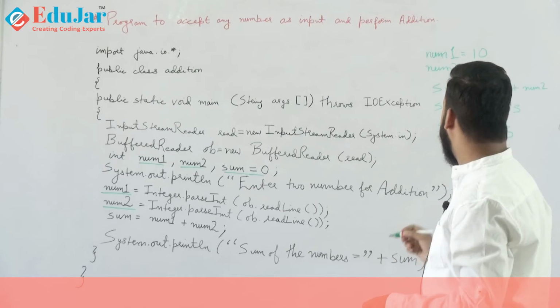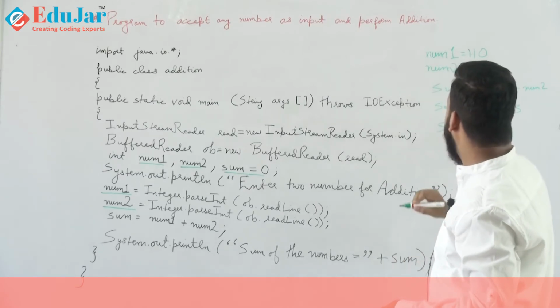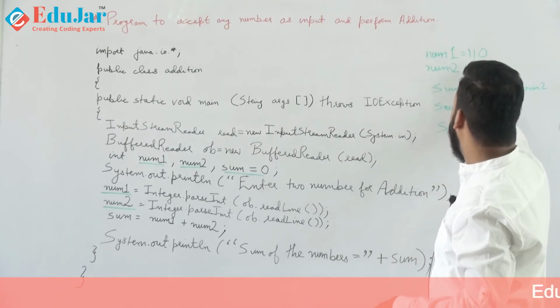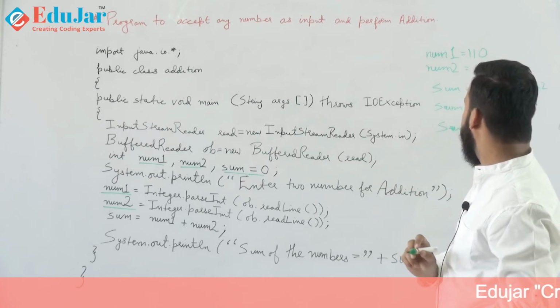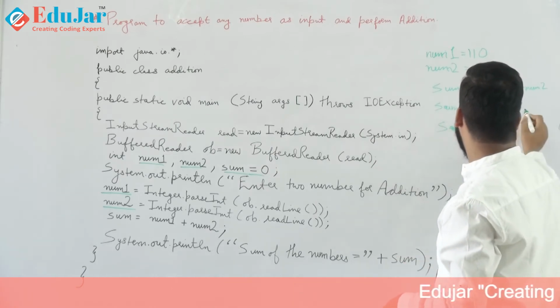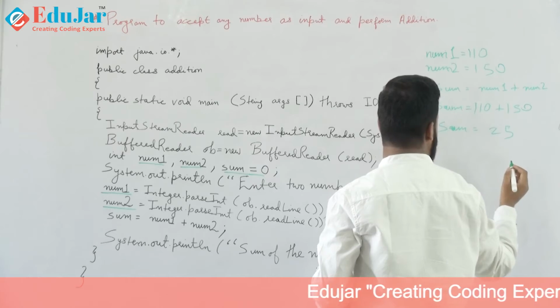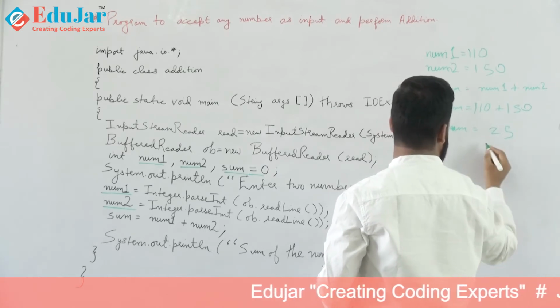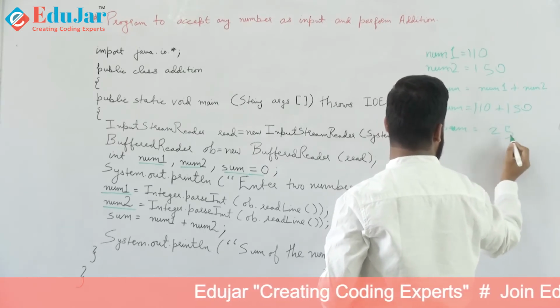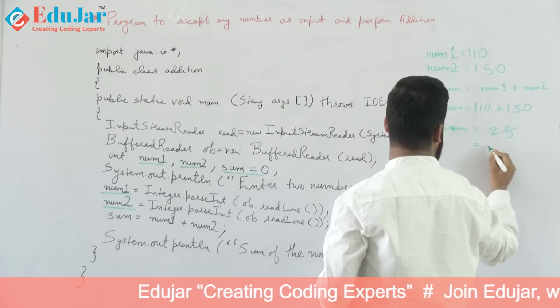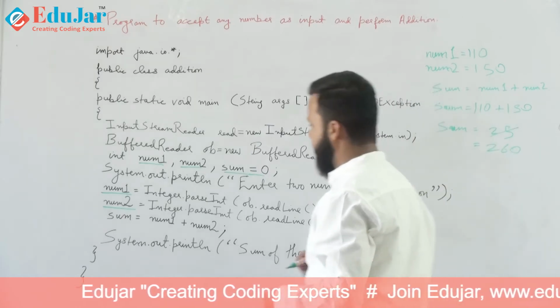So this works like this. Maybe suppose that we have entered 110 and over here we have entered 150. So the sum will be 110 plus 150. What will be the sum? 260. So the answer will be 260.